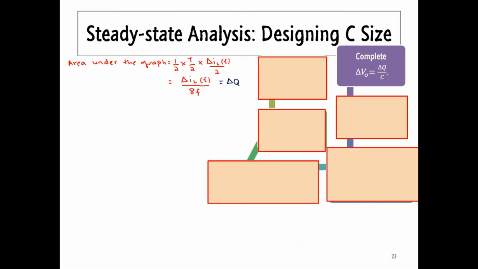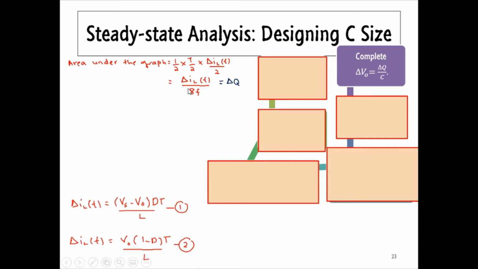Lastly, to complete this equation, we need to find the equation of delta ILT using these following equations. You can choose either equation 1 or 2. For this procedure, I will choose equation number 2, and therefore, the equation of the capacitance value can be written as follows.